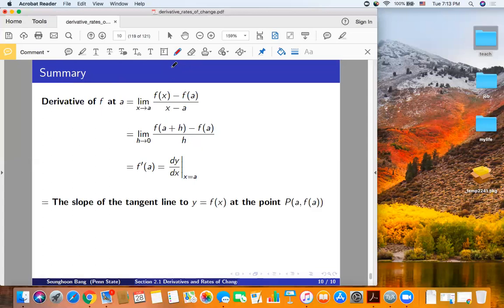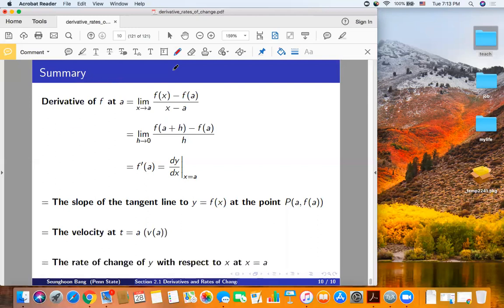This is the same as the slope of the tangent line to y equals f of x at the point a, f of a. This is the exact meaning of the derivative of f. One more, the velocity at t equals a. We can write v of a, which is exactly f prime of a. The last one, the rate of change of y with respect to x at x equals a. These are the three kinds of terminologies.